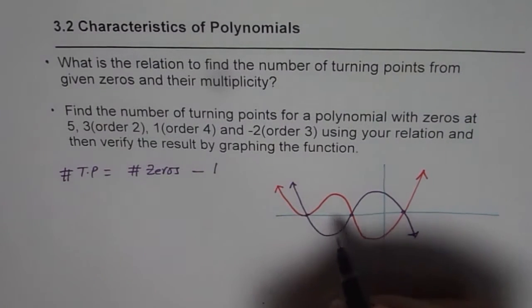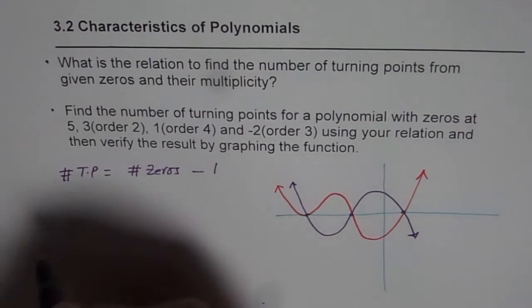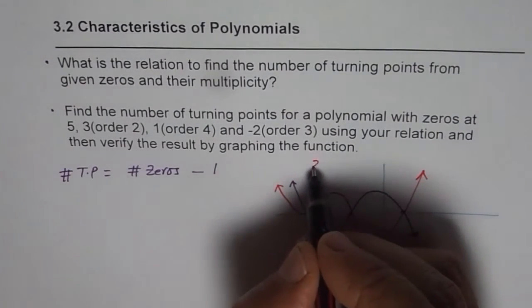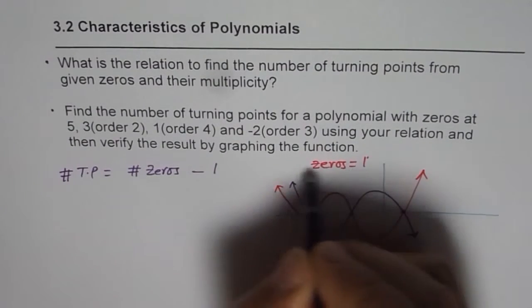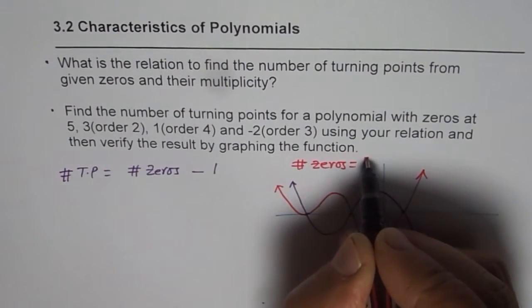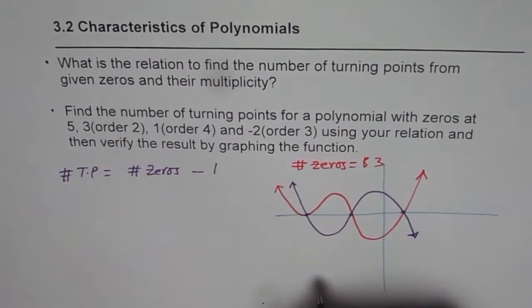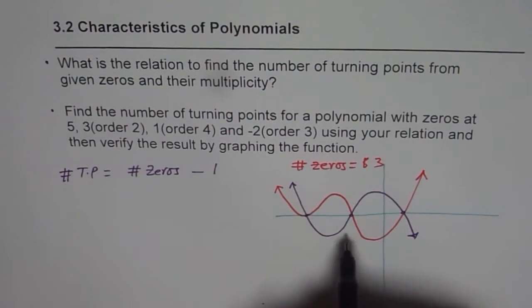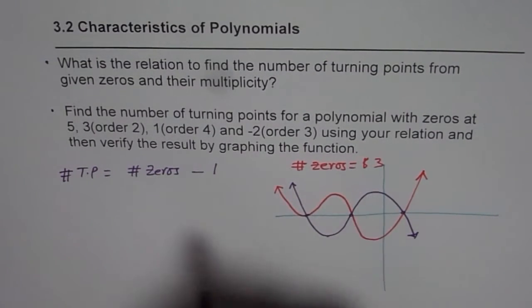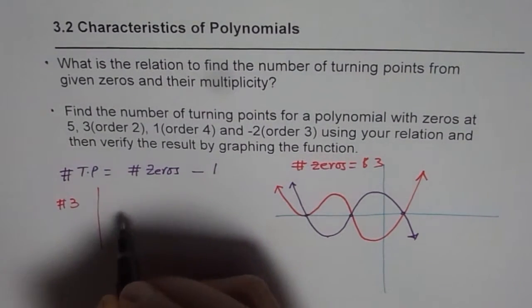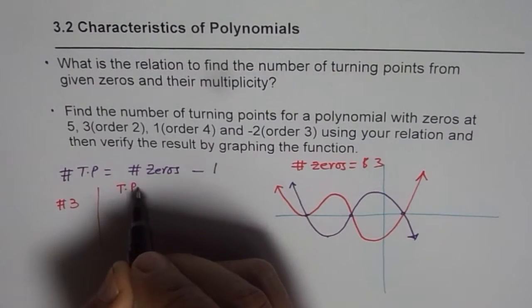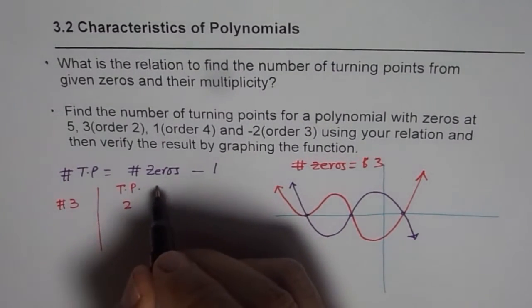So we are working with a very simple example, and we are saying that in our example the number of zeros is equal to 3. Now in the first case we got 2 turning points. So the number of zeros was 3 and we get turning points as 2, right?